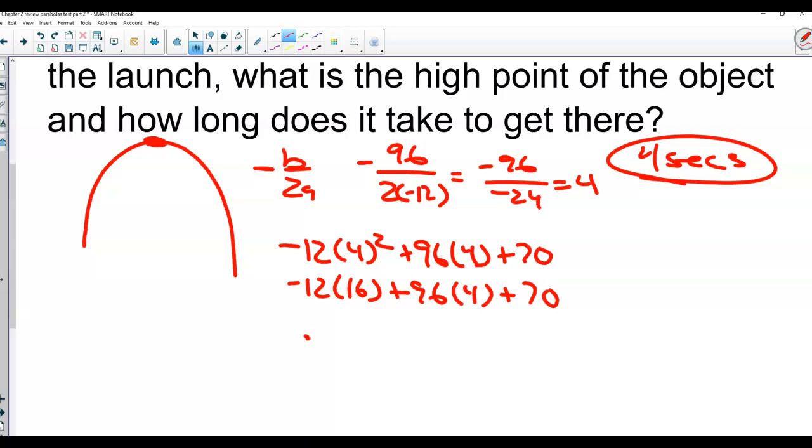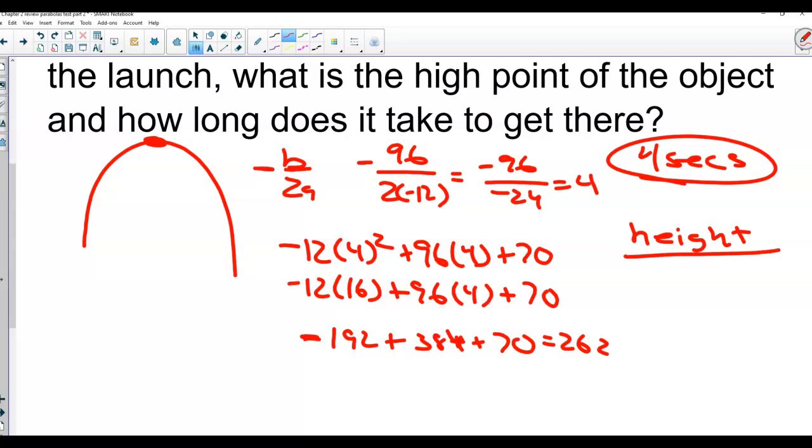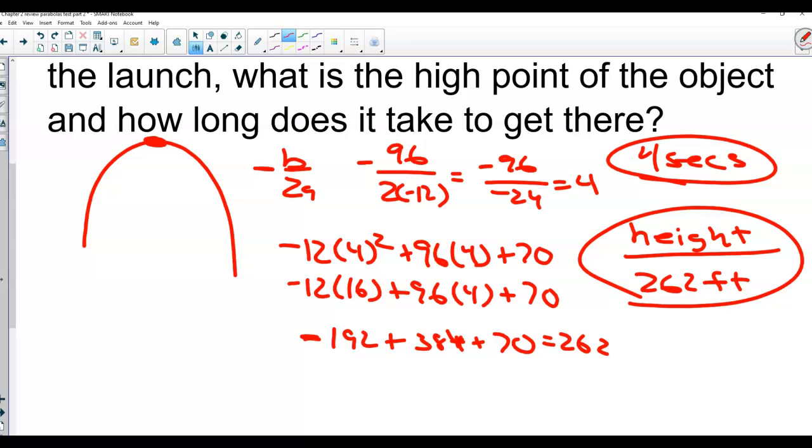Negative 192. 96 times 4 is 384, plus 70. So negative 192 plus 384, which is 192, plus 70. Our height is 262 feet. That's our answer.